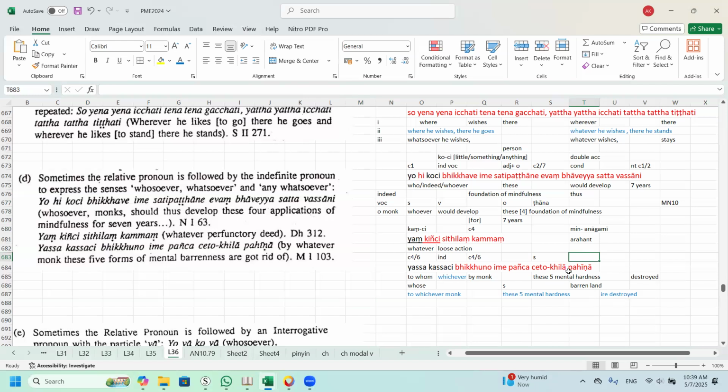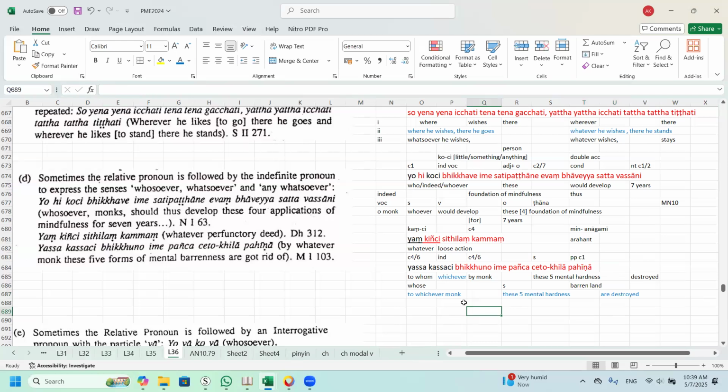So destruction, that means to whichever among these five hardness. So in this case, we will take this as a PPP, and this also should be in case one. Okay.